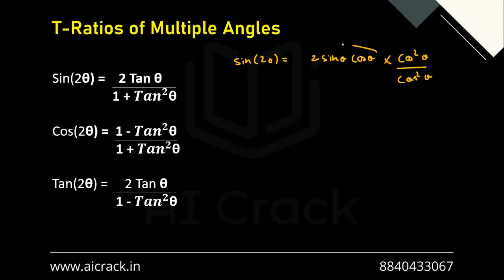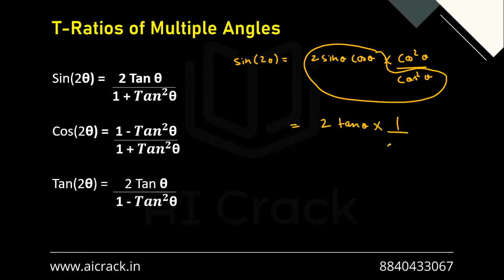So clubbing this will become 2 tan theta, right? And I can write cos square theta as 1 upon sec square theta. Now we know that sec square theta is 1 plus tan square theta. So that comes out to be 2 tan theta upon 1 plus tan square theta, right? So you can write sine 2 theta in terms of tan theta as well.